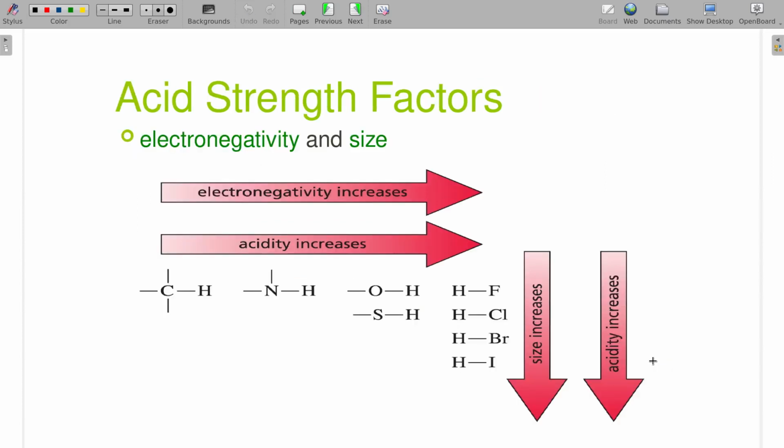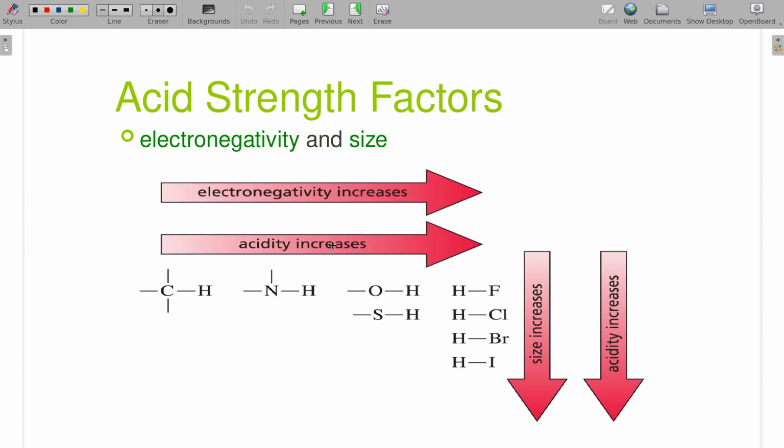All right, so here's a summary of our acid strength factors based on what the H is attached to. The H is attached to atoms on the periodic table, and you can look at where it's at on the periodic table to decide how acidic it is. As you go left to right across the periodic table, the factor that contributes most to the increasing acidity is the electronegativity.